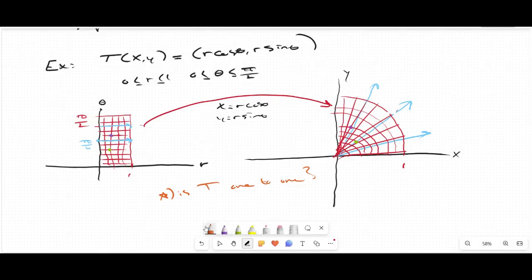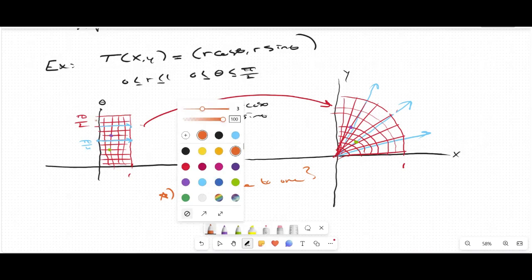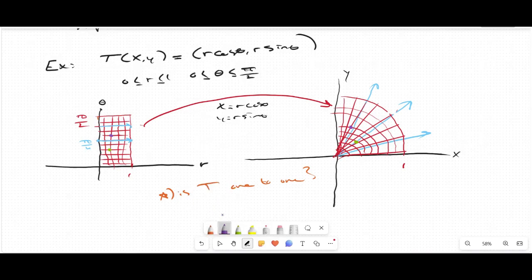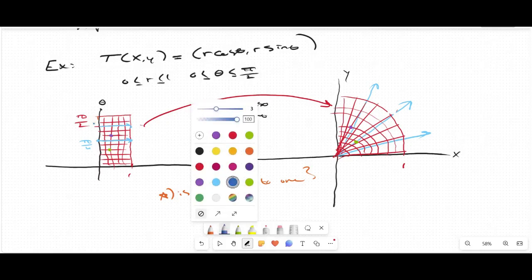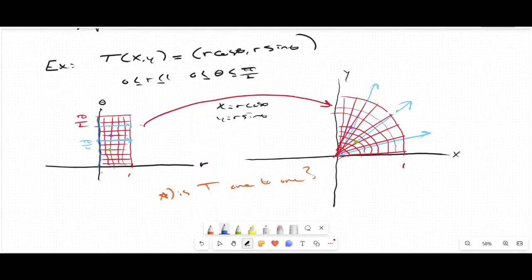There's a little bit of an issue, and I'll just say it and kind of be done with it. When R equals 0, there is actually a huge amount of not one-to-oneness. That whole line of points right there, doesn't matter the choice of angle, R is 0. They all get mapped to the origin. I'm going to actually just circle this and say, we ignore this detail when we teach polar coordinates. We ignore this detail because we all kind of understand on some level that one point isn't what we're interested in.